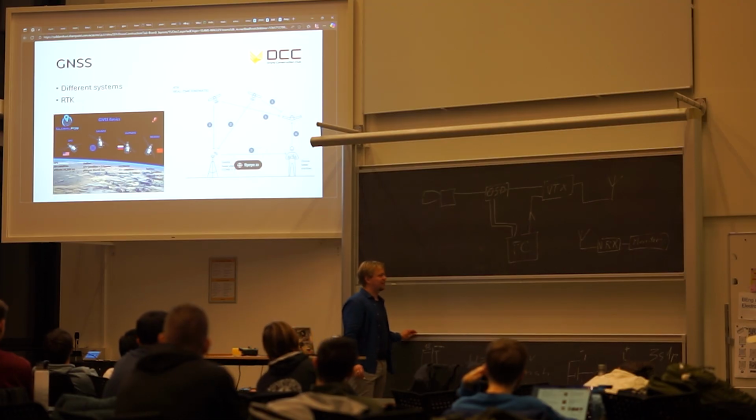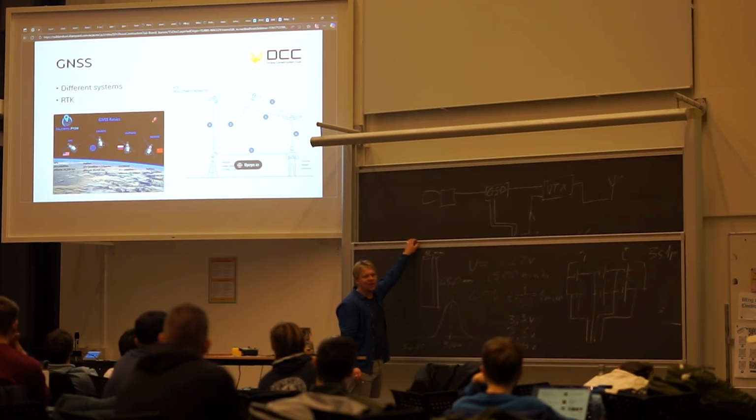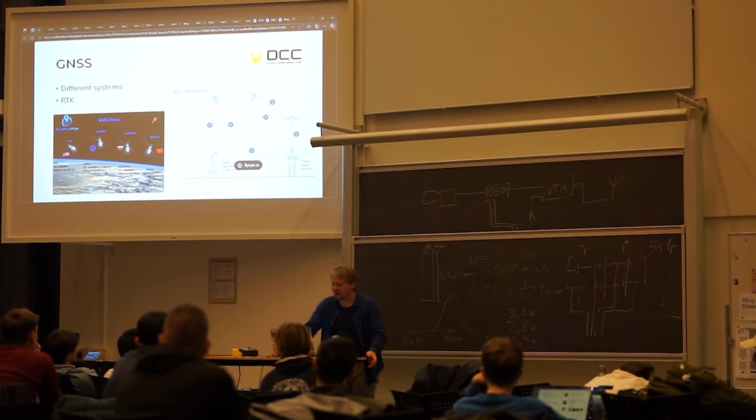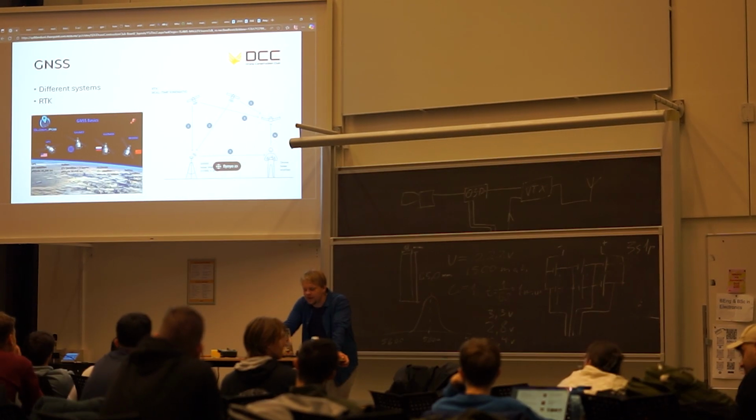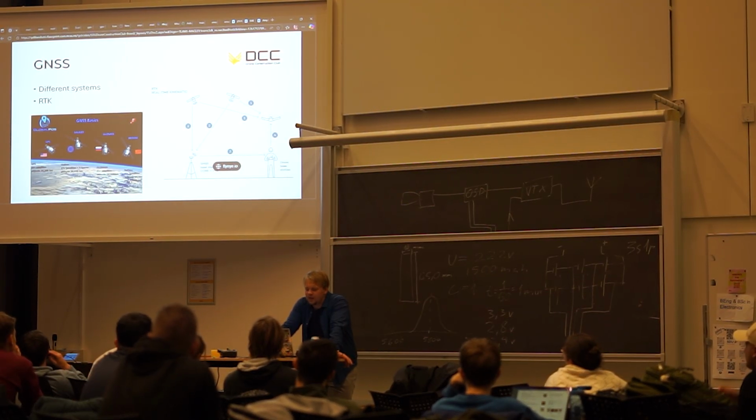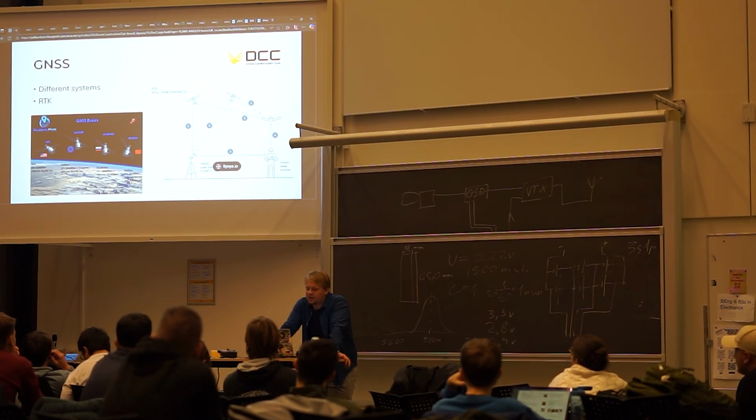Okay, GNSS. I'm going to go over it super quickly. You have GPS, that's American, Galileo, European, and others, and they go on. Although sometimes they do catch data as well.